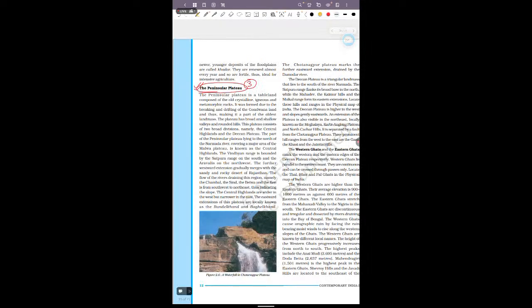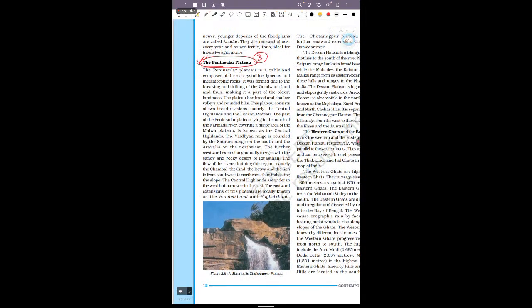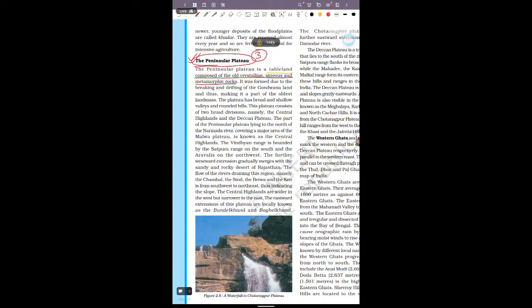Here it is given that it is a tableland composed of old crystalline igneous and metamorphic rocks. It was formed due to the breaking and drifting of Gondwana land, thus making part of the oldest landmass.